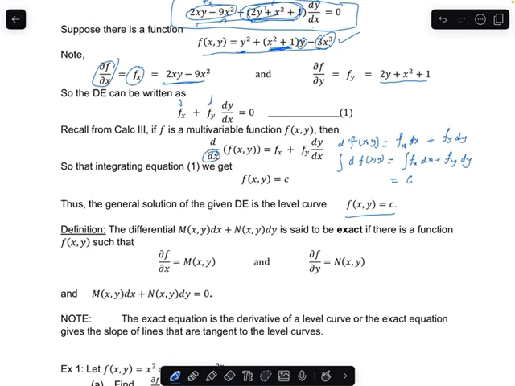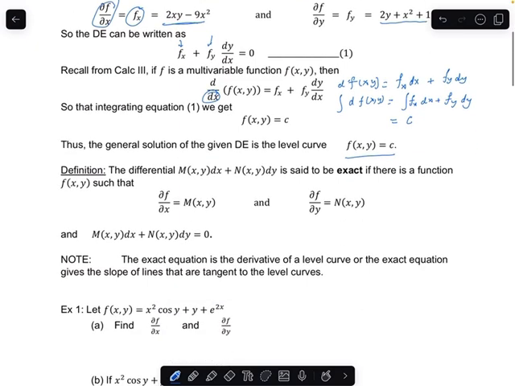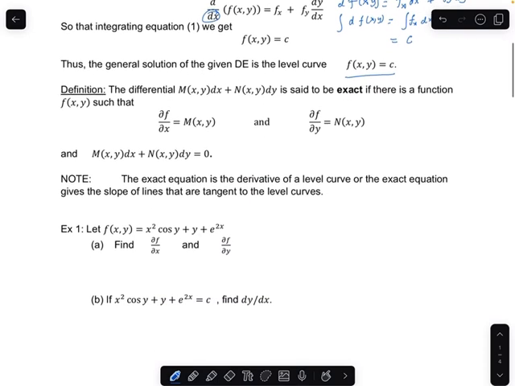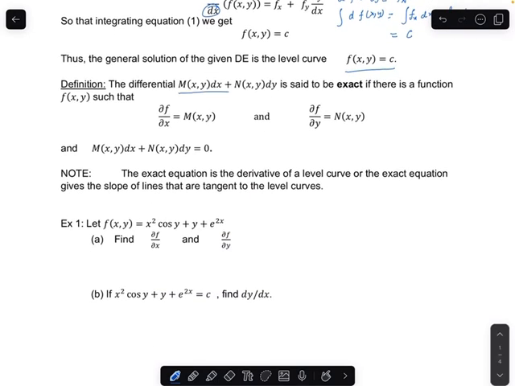Now this we call the differential because it involves the differentials dx and dy. So we are picking some function names M and N. There are two functions M and N, both of x and y, and they would not be the same. They will be different functions.